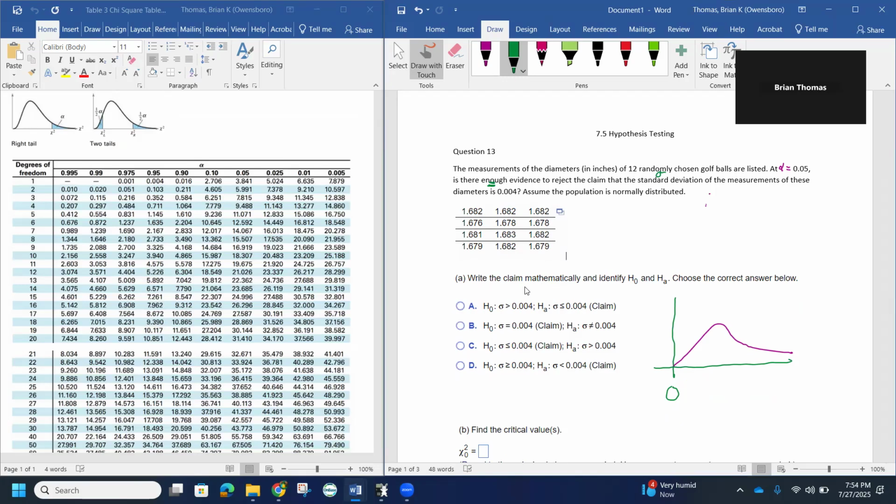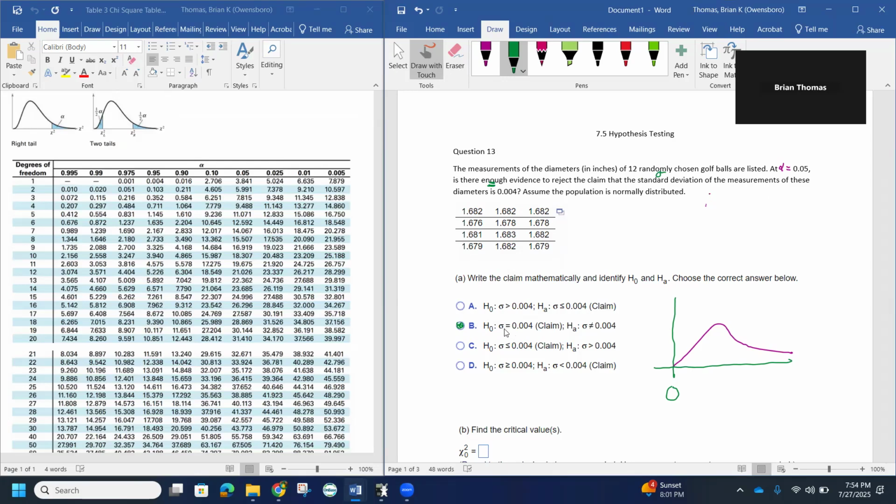The first question says, write the claim mathematically and identify H sub 0, the null hypothesis, and H sub A, which is the alternative hypothesis. Choose the correct answer below. Since the claim is the standard deviation of measurements is 4 thousandths of an inch, we pick up on B. The null hypothesis is always the equality.